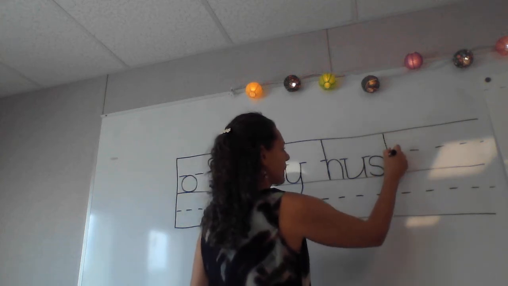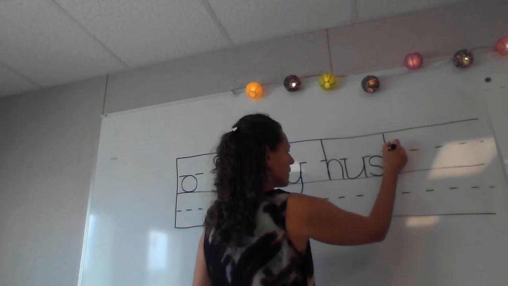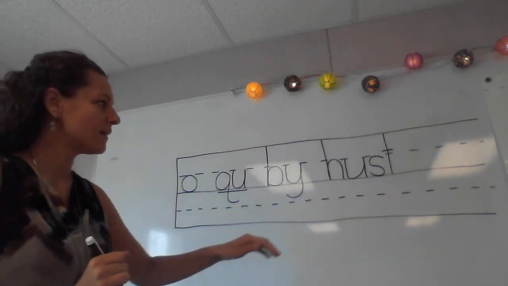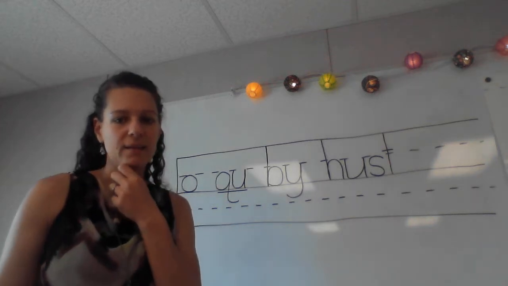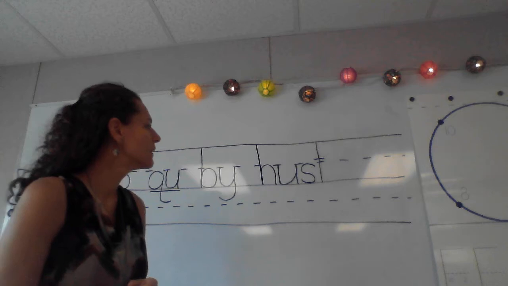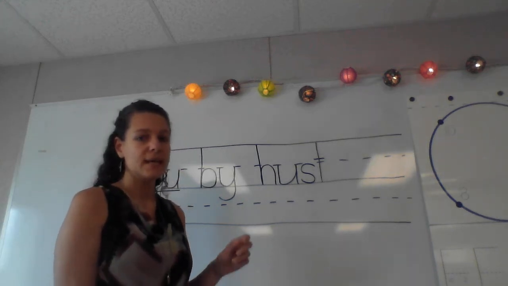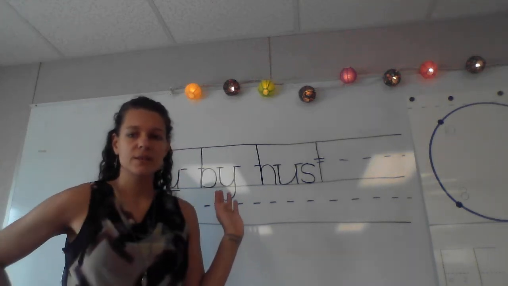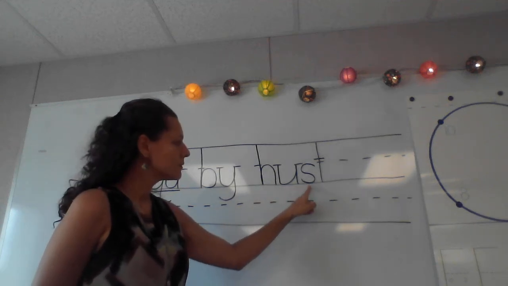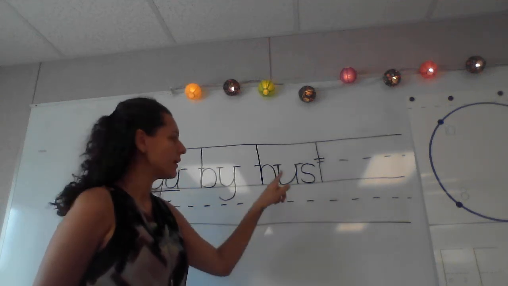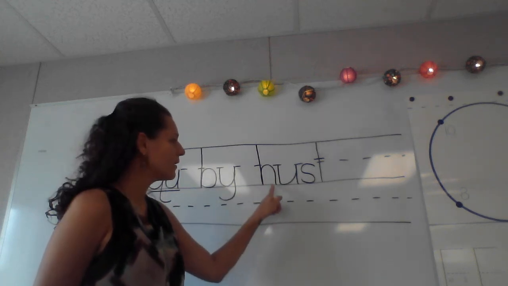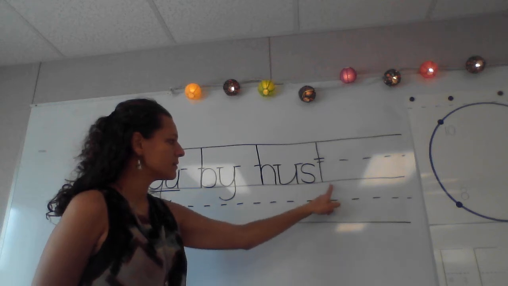T. If yours doesn't look like mine, cross it out and make it look like mine. Now let's say the sounds of the word we just wrote and put them together. Good. So we would have said hust.